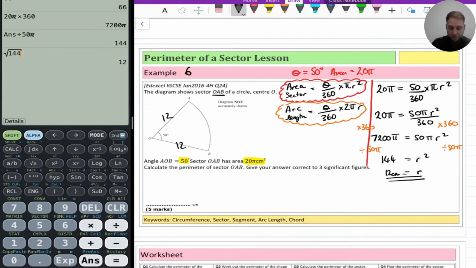And it's just following that same pattern we were using last time. So my arc length is equal to theta over 360 times by 2 pi r, which is equal to 50 over 360 times by 2 times by pi times by 12.